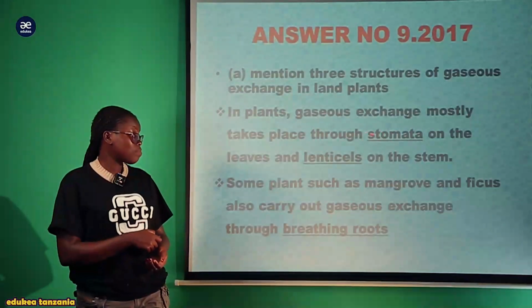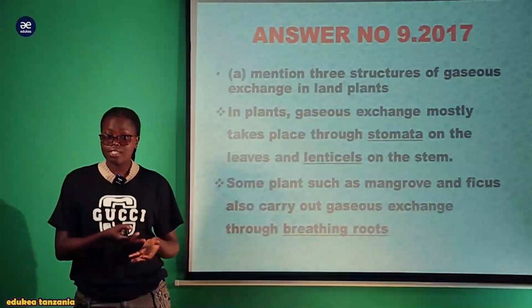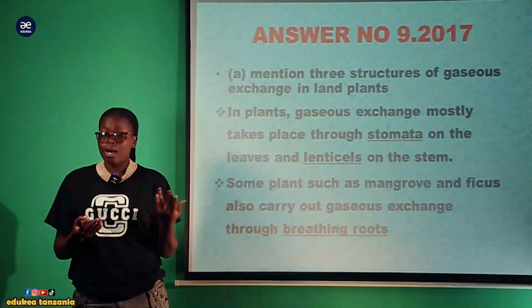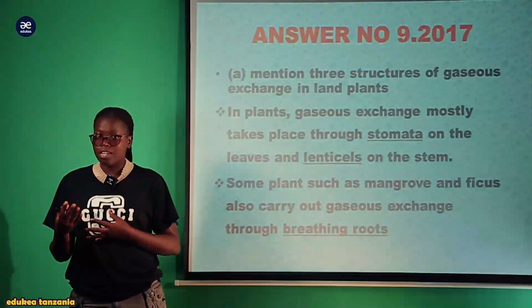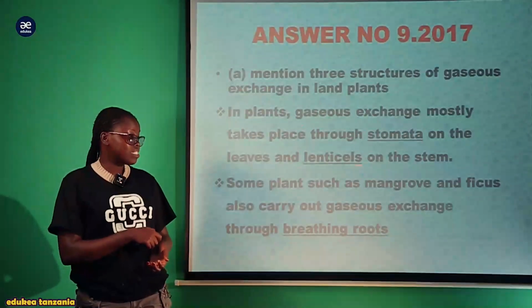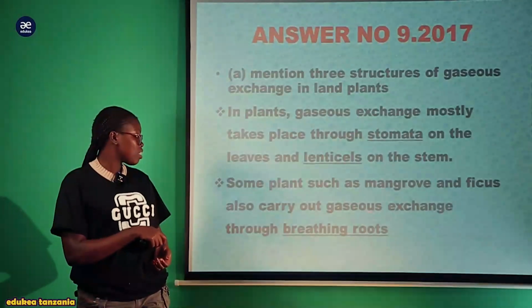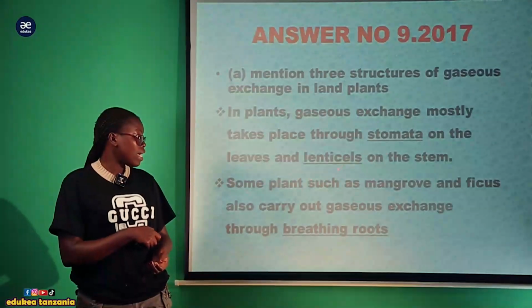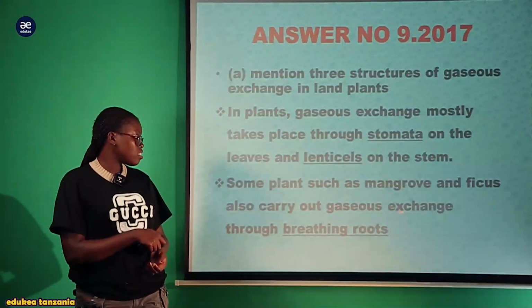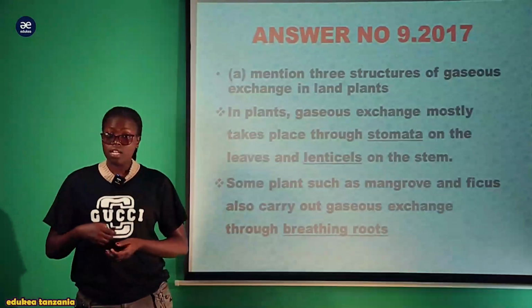The stomata found on the leaf have guard cells which control their opening and closing to allow the uptake of carbon dioxide and release of oxygen as a byproduct during photosynthesis, while the lenticel lacks guard cells. And the breathing roots are found in waterlogged plants like mangrove and ficus, and they carry out gaseous exchange through modified roots, which are called breathing roots.